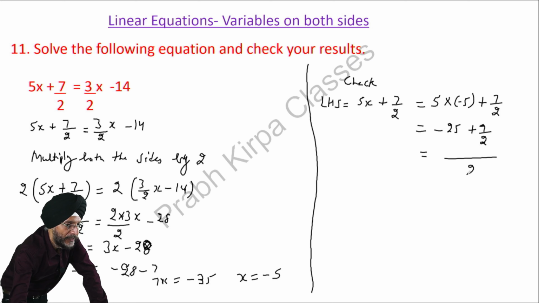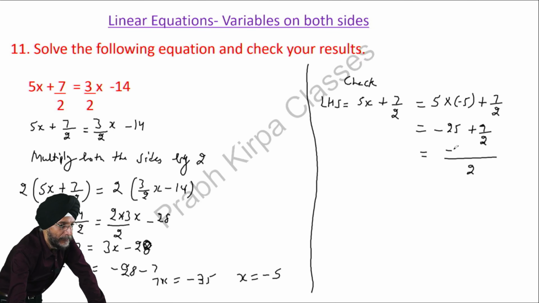Then it can be written as 2 into minus 25 becomes minus 50 plus 7, it becomes minus 43 over 2.